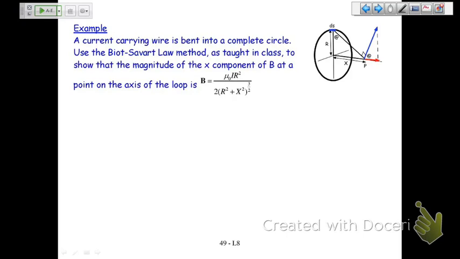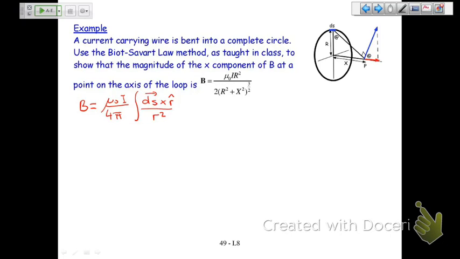So the Biot-Savart law says that B is equal to mu naught I over 4 pi times the integral of ds crossed with r hat over r squared.